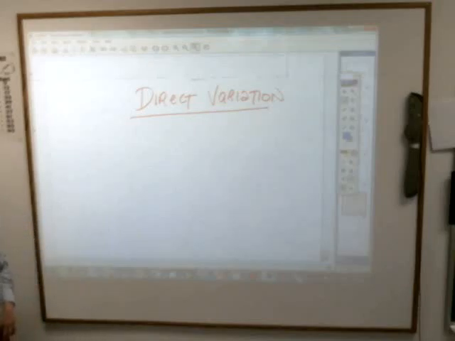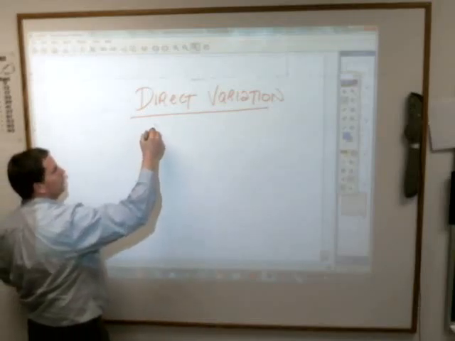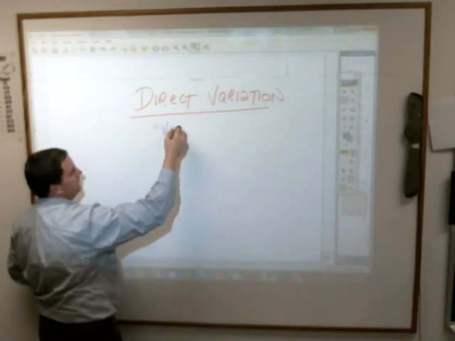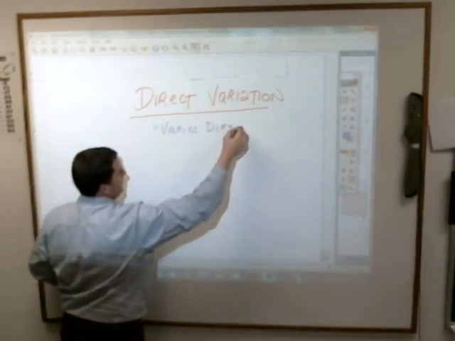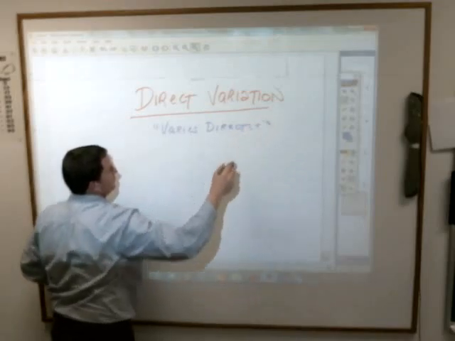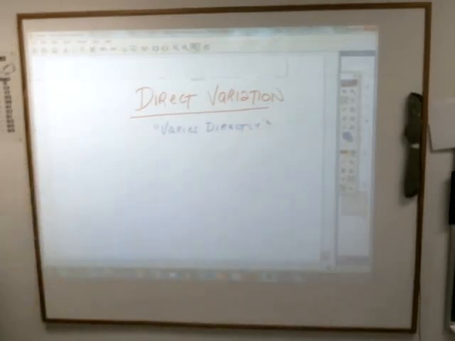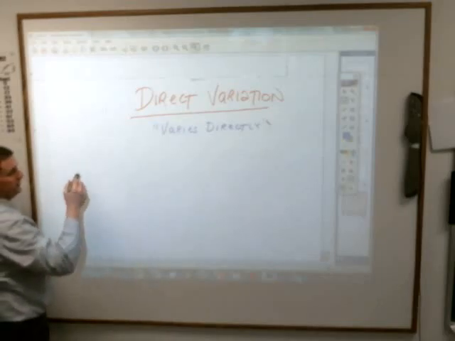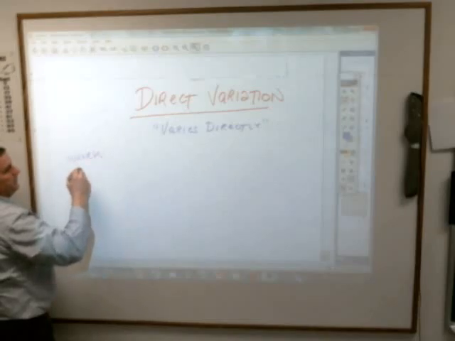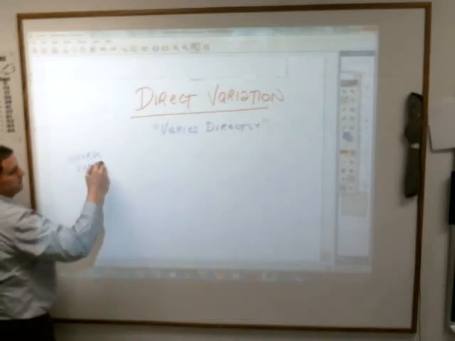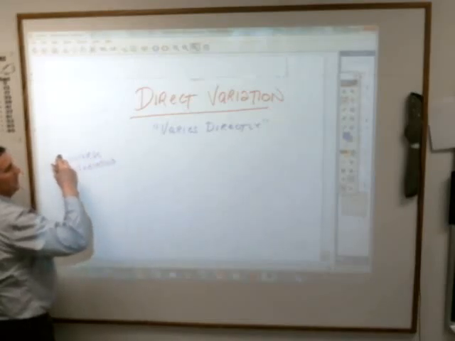Book number 56. Or, quote unquote, if something says it varies directly. As a little side note, if there's direct variation, there's also inverse, or indirect, variation.